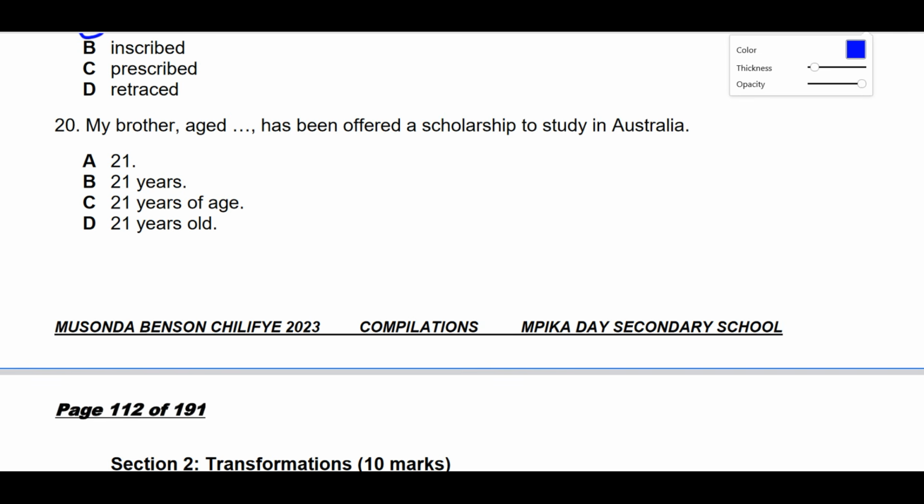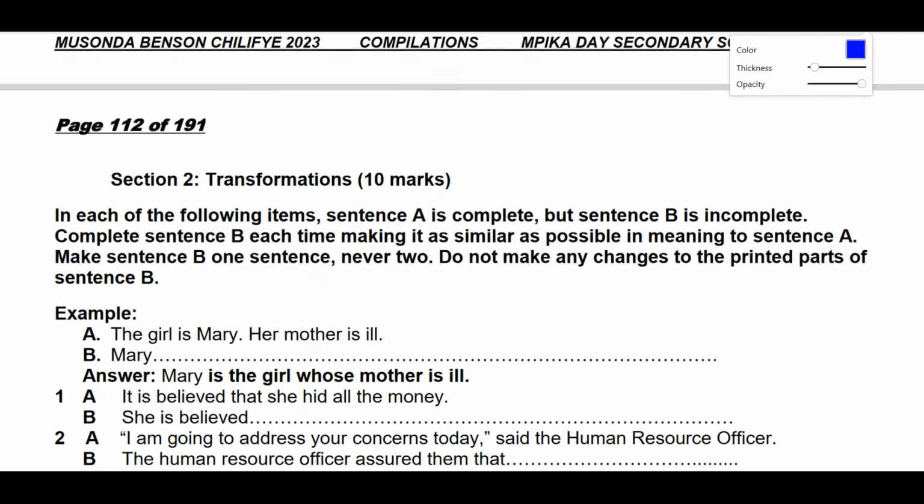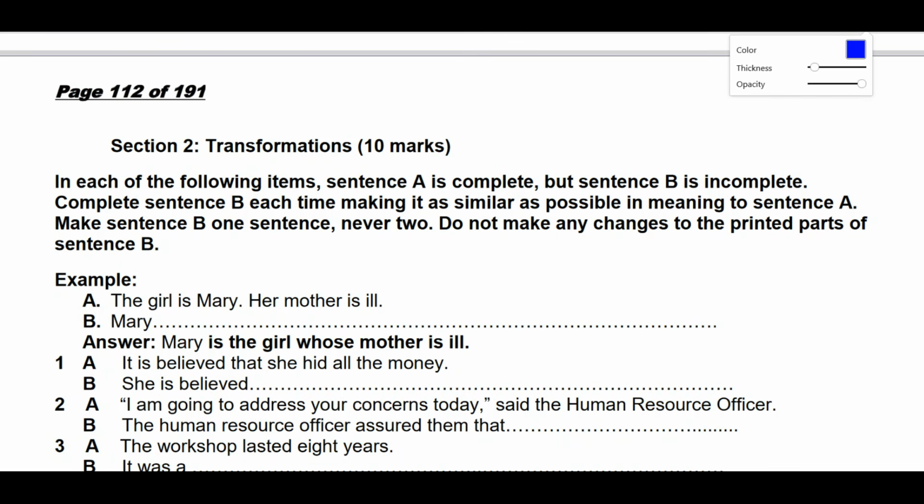Whenever you say aged, you don't have to add the years or years of age. As long as you have said aged, you just have to connect with the number. So say my brother aged 21 has been offered a scholarship to study in Australia.